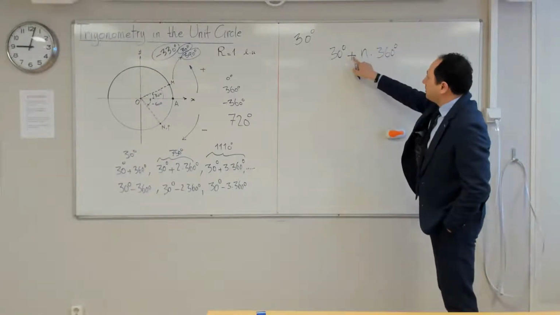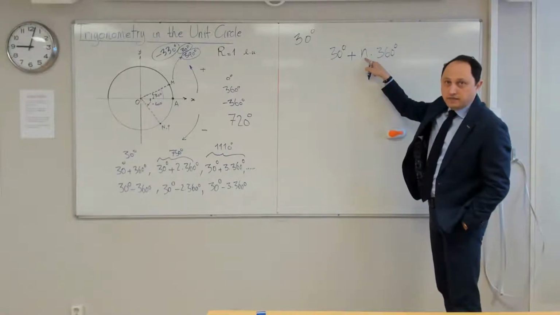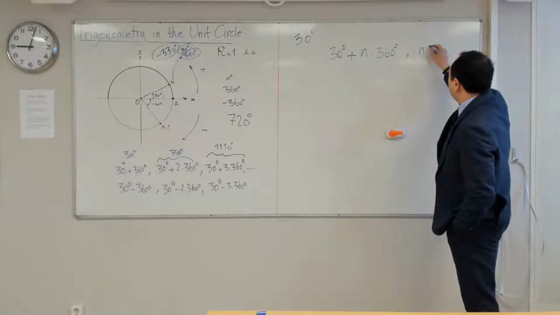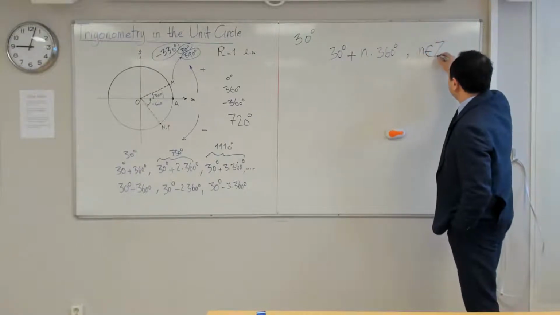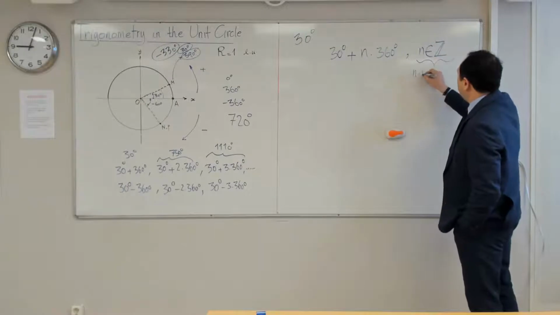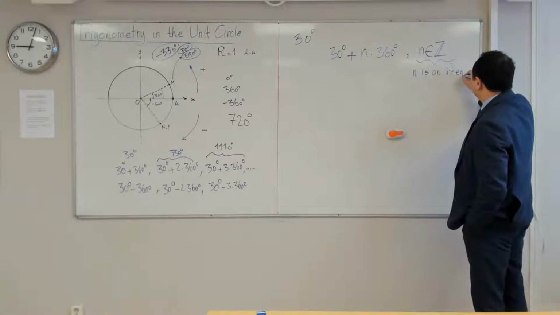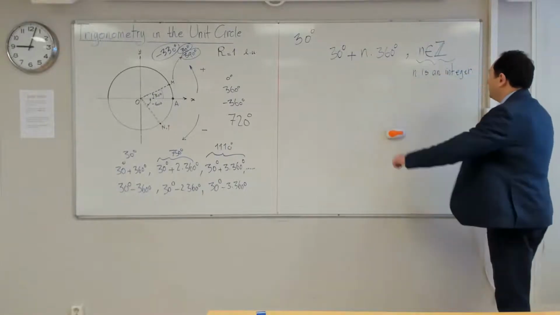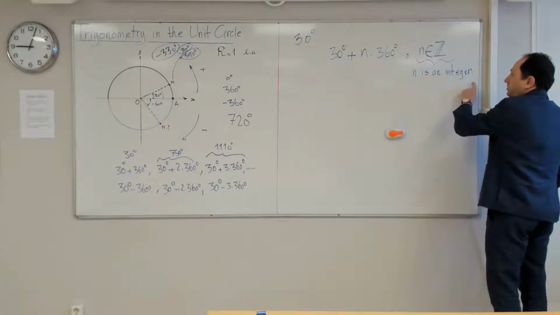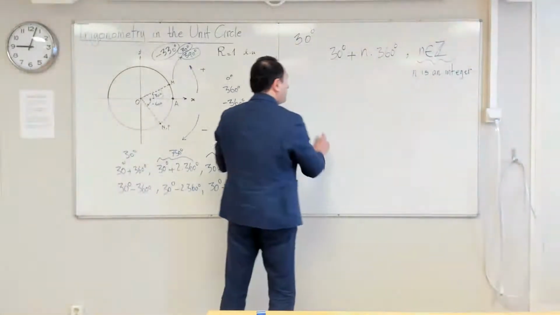Instead of writing plus and minus, I always write plus, but I say in front of that, n belongs to Z. If you don't like this symbol, you need to write n is an integer. So this symbol means n is an integer.